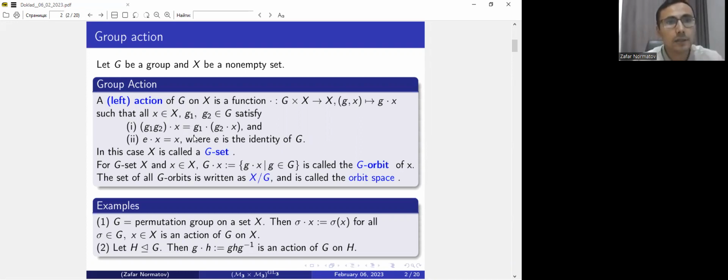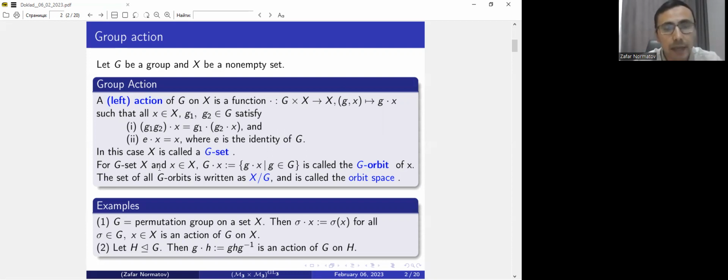Actually, let G be a group and X be a non-empty set. An action of the group on the set is a function from the direct product to the set, such that all X from the set and G1, G2 from the group satisfy the following two conditions. In this case, we call the set X a G set.